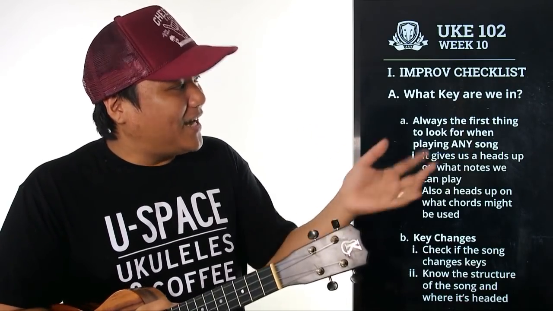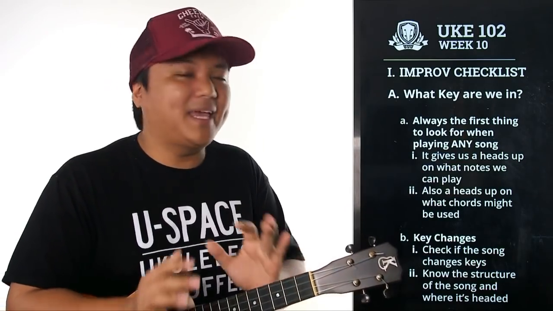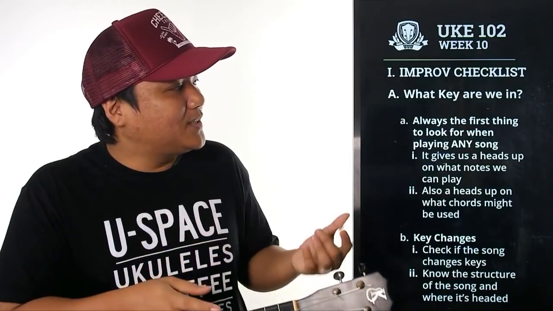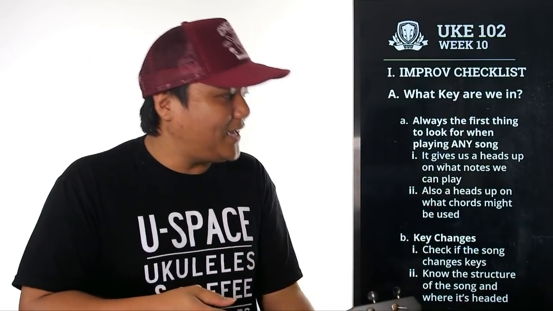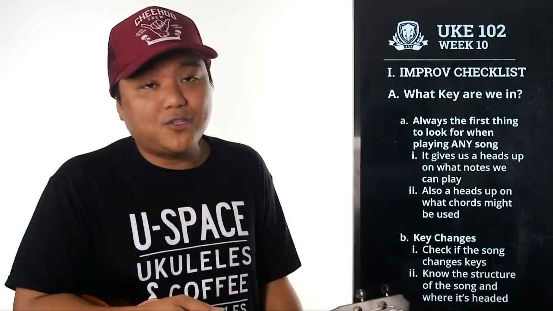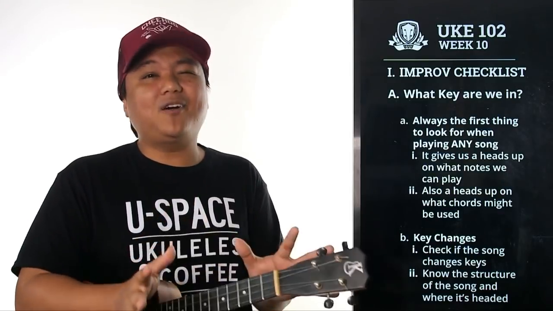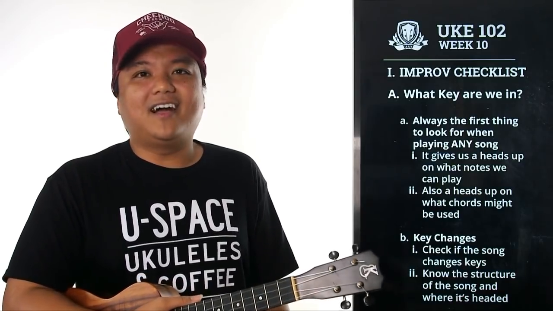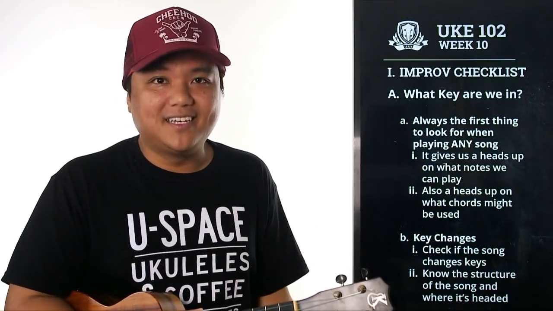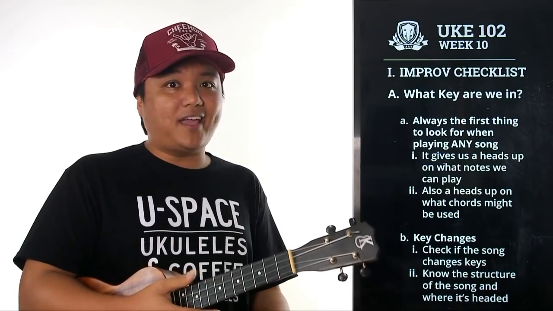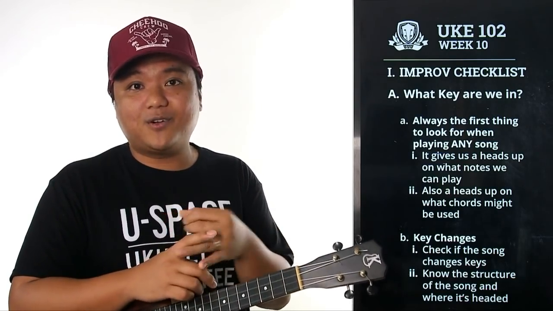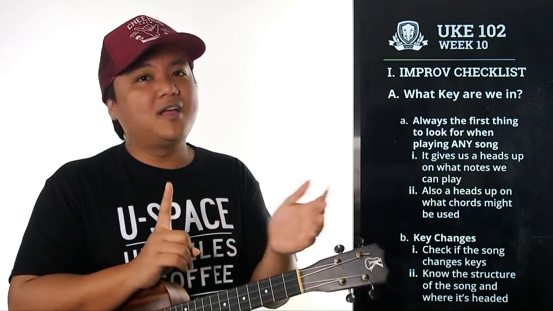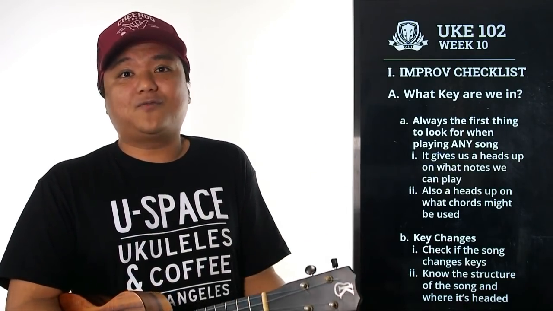All right, and I mentioned here, it's always the first thing to look for when playing any song, because the key will give you a heads up on what notes we can play. It also gives us a heads up on what chords might be used. So if they don't even tell you we're gonna be playing G, C, D, or whatever, and they just tell you we're in the key of G, you know to look for a C chord, a D chord, or listen for an A minor chord, an E minor chord, B minor chord, and maybe even an F sharp diminished chord.